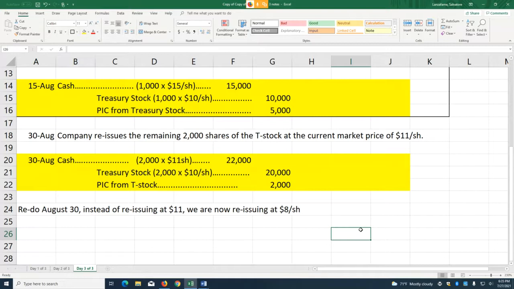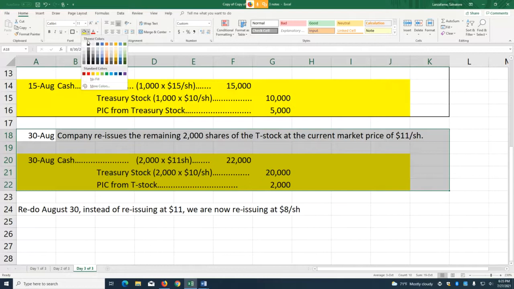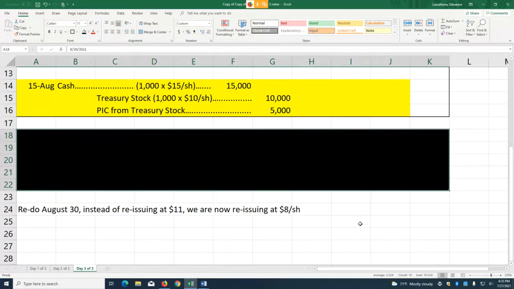Let me black it right out just for a second. So it's as if that never happened. So going back to the previous transaction, my pick from Treasury Stock, think of a T account, currently has a credit balance of $5,000.